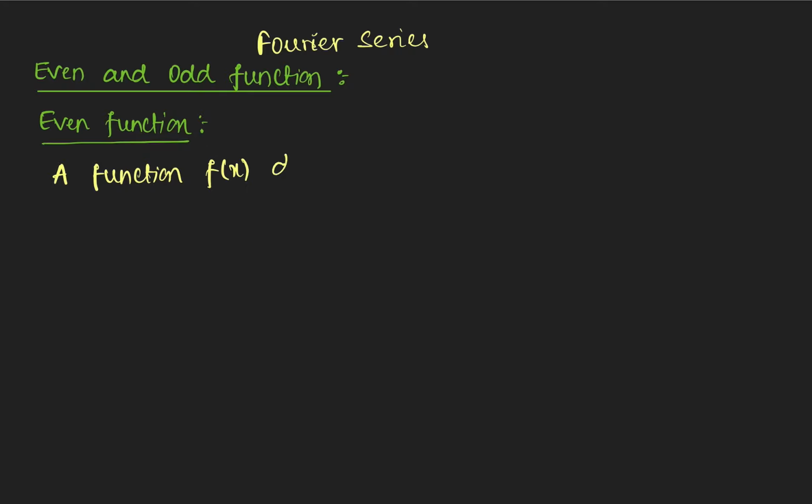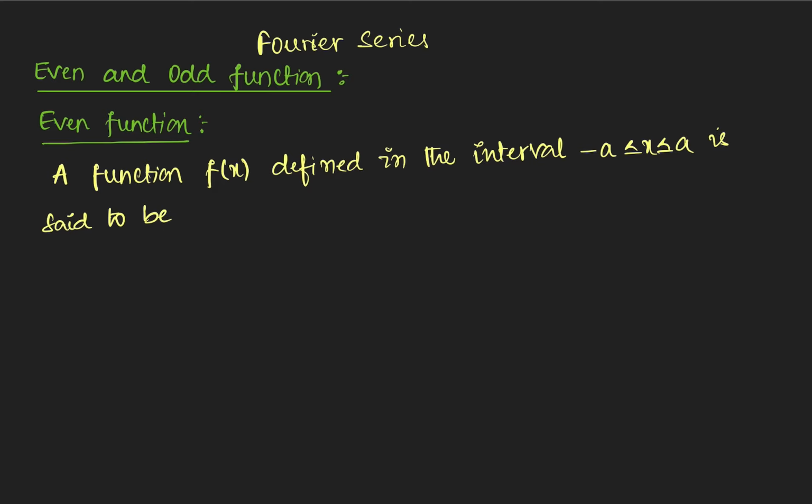A function f of x defined in the interval from minus a less than or equal to x less than or equal to a is said to be even if it satisfies the condition f of minus x is equal to f of x.